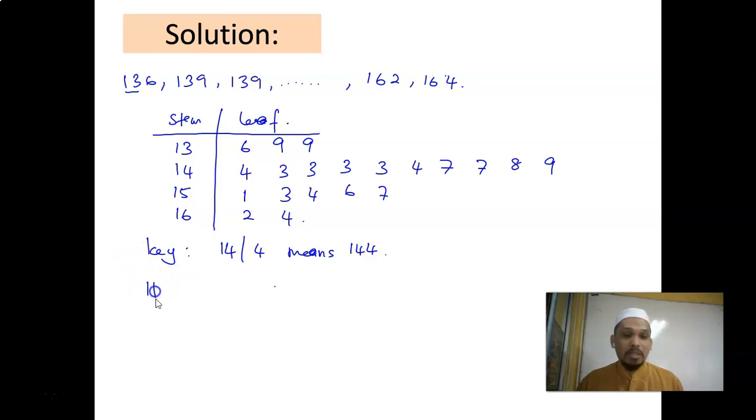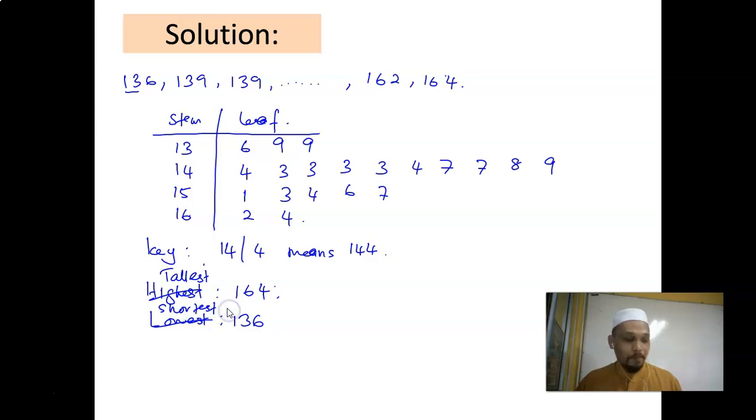So then we list down the highest and the lowest. The lowest here is 136, and the highest is 164. The lowest is the shortest, and the highest is the tallest.